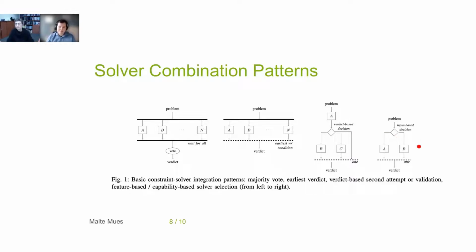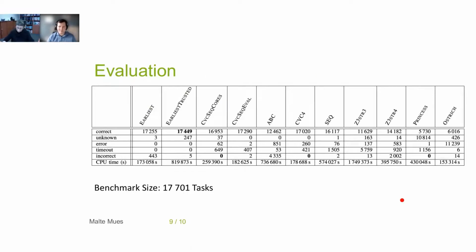And on the very right, we see a feature-based selection pattern where we analyze the problem upfront, and based on the result of the analysis, we select which SMT solver is going to solve the problem for us. So these are general patterns we see for combining SMT solvers. And the question is now, what do we get from applying these patterns?